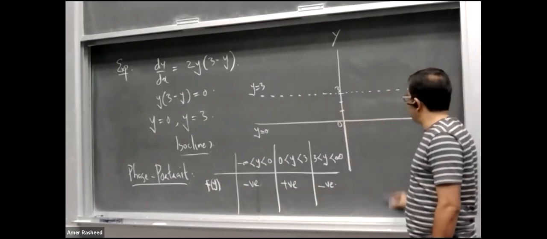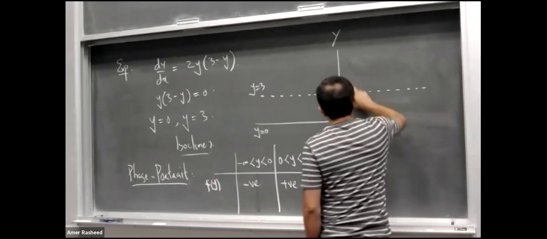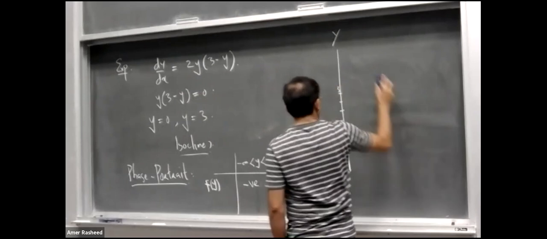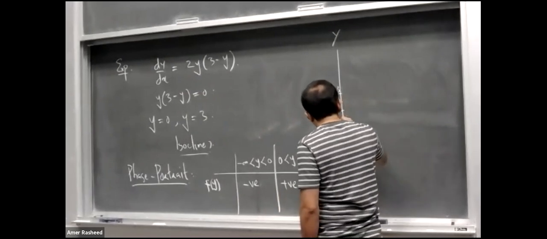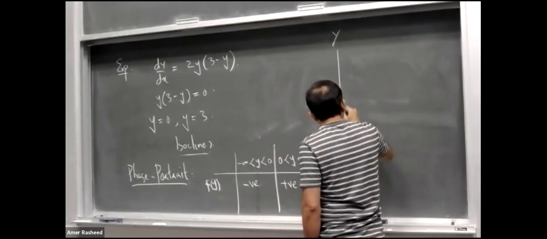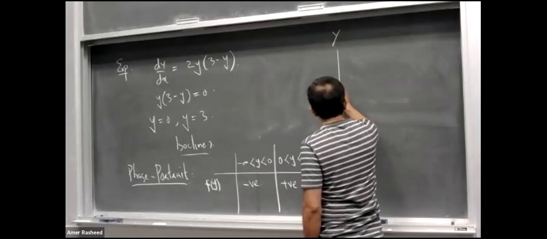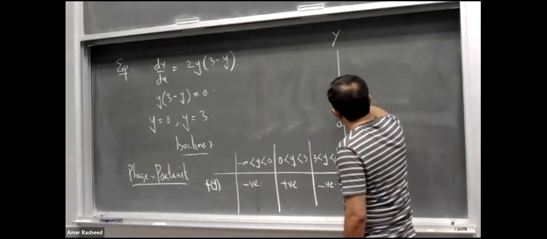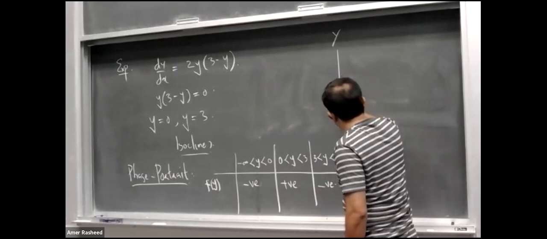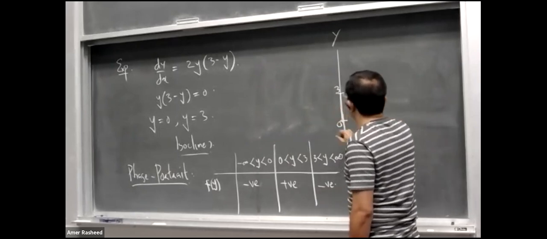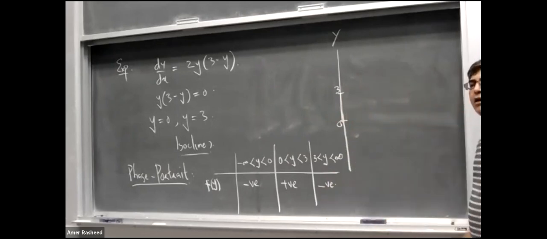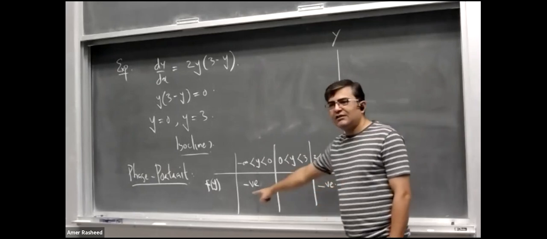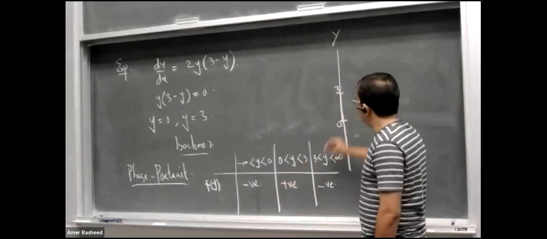Now, what is phase portrait? Phase portrait is this thing. You draw the critical points here, on the y-axis, sorry, this one. And then you draw the arrows according to these things.